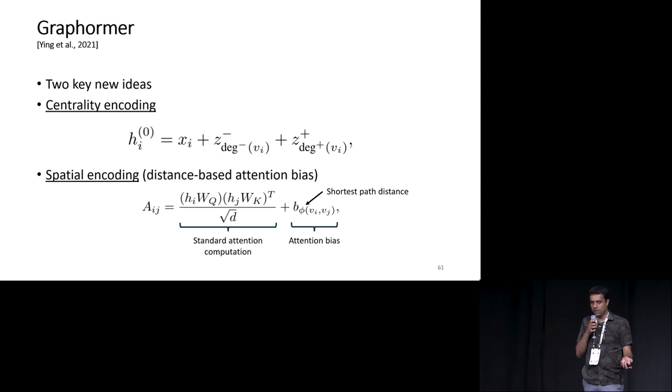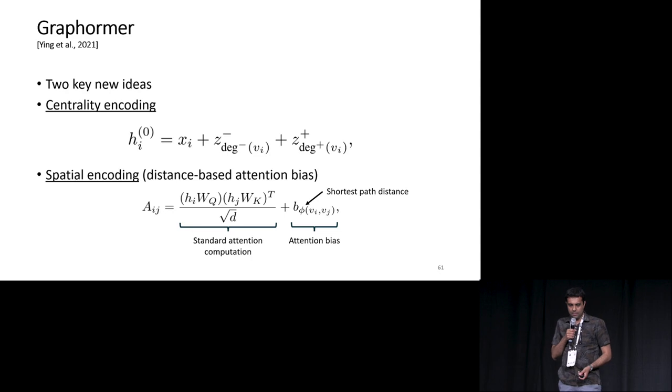Another common graph transformer architecture is the so-called Graphormer. Again, they use kind of a similar attention mechanism, but they have these two key new ideas. One is to use what they call centrality encoding. So for each node, they use some learned vector based on the in degrees and out degrees.